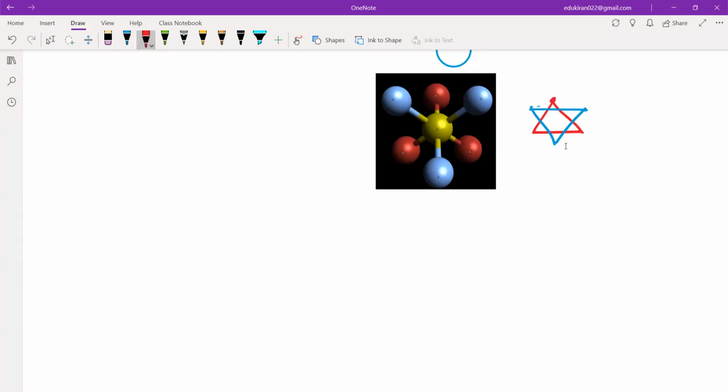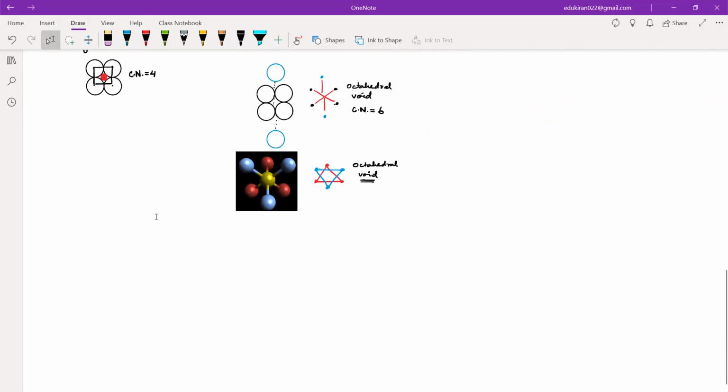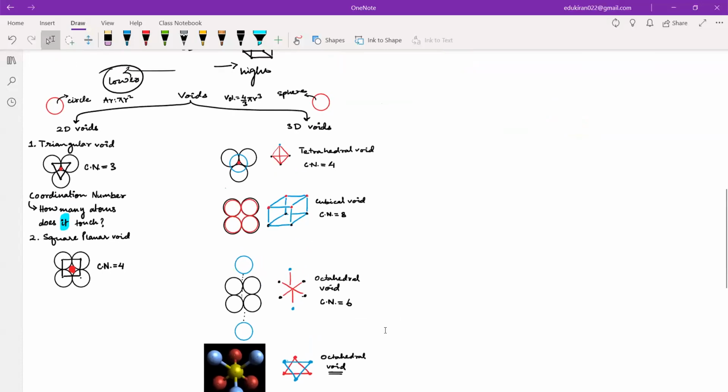So if you have this type of arrangement, this is also going to be octahedral. This is not an octahedral void itself, but rather it is an arrangement that leads to octahedral void. So now we have learned all about voids. I hope you have not written anything, so you can write it now.